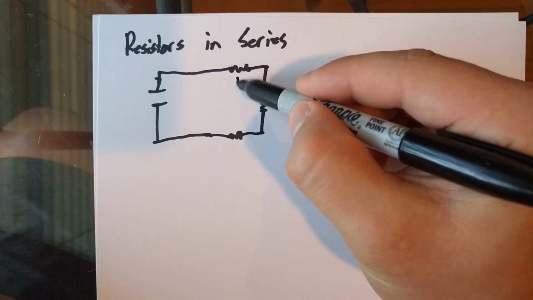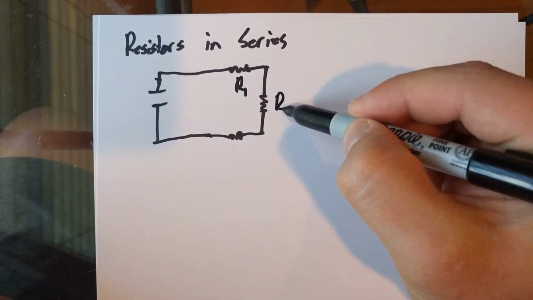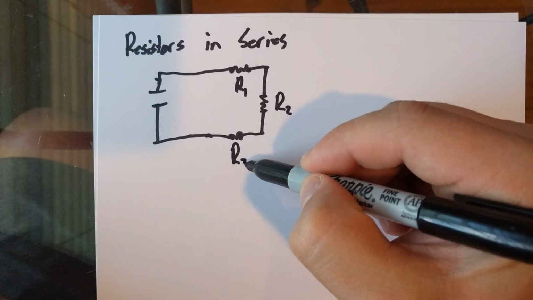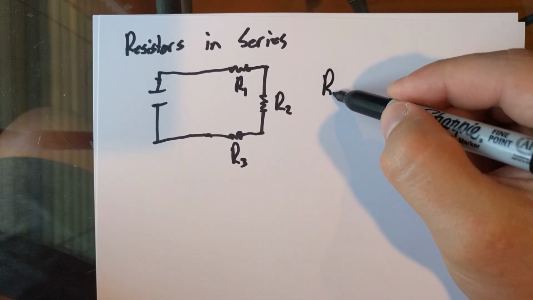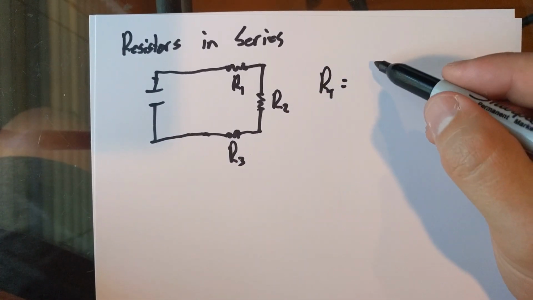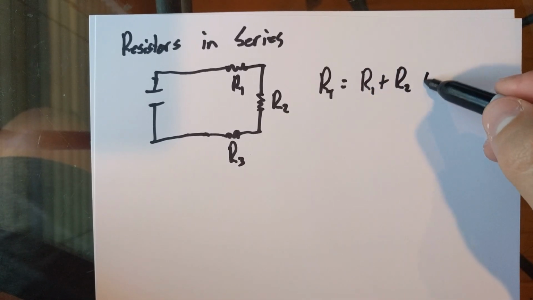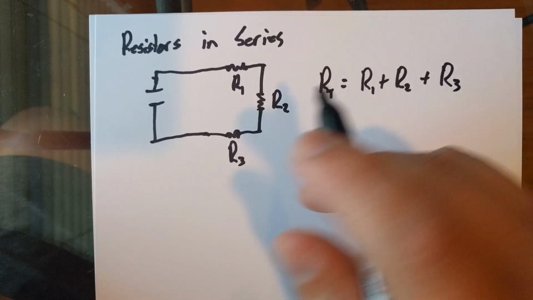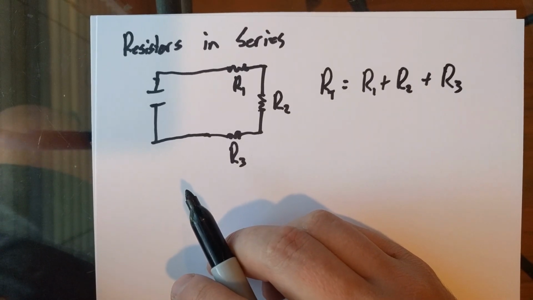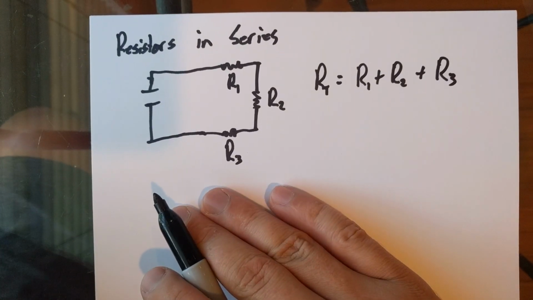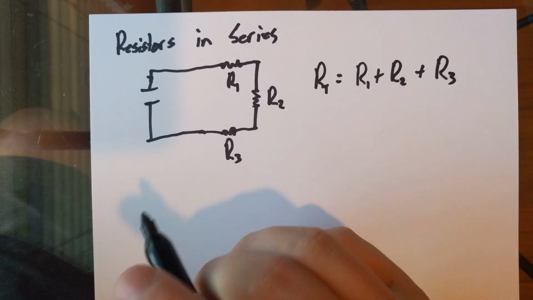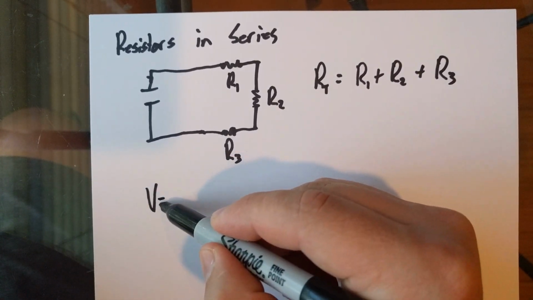So R1, R2, R3, R total is equal to R1 plus R2 plus R3. A lot simpler.